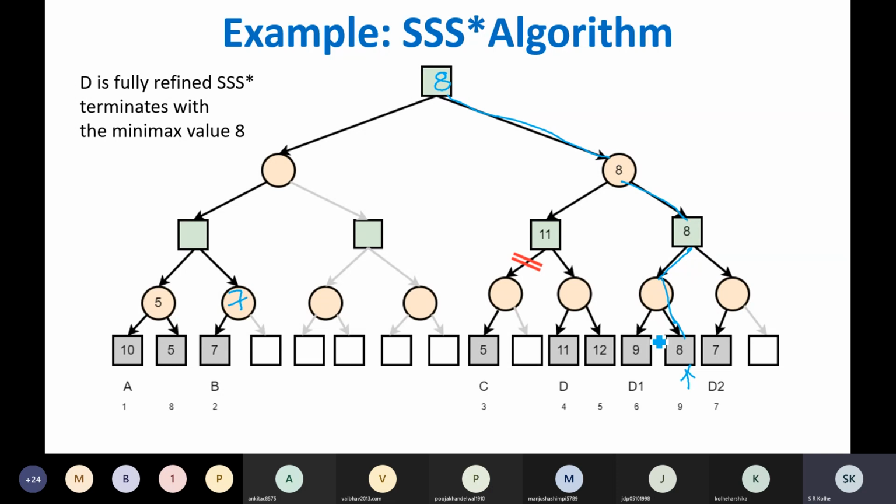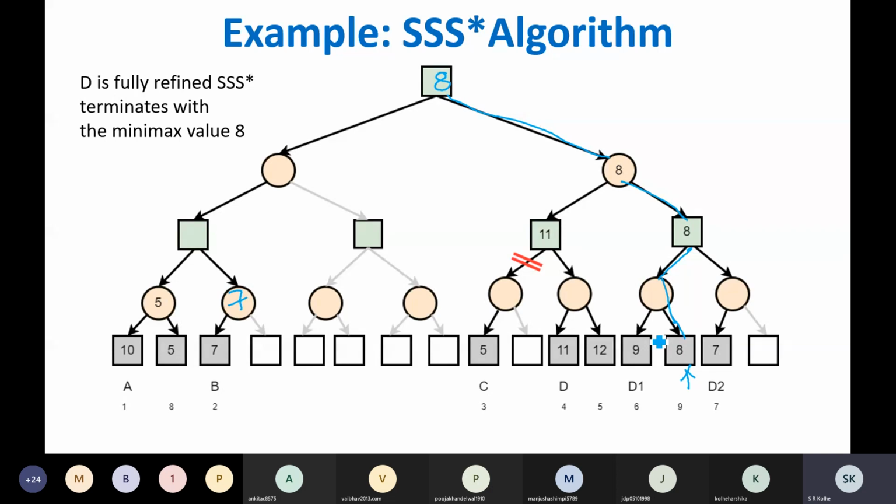Any question up to this? Functioning of this SSS star algorithm? The difference between alpha beta cutoff and this algorithm is that it uses heuristic information. It works on strategies.